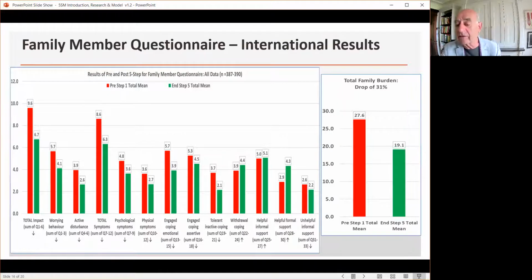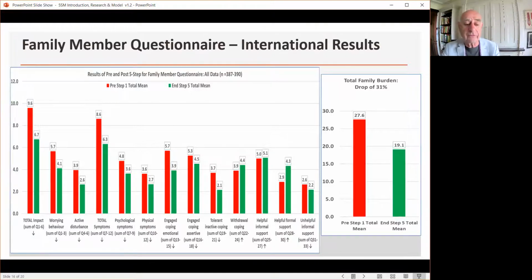On the right, you can see that there's a very significant drop, and I should say that almost all the figures here are statistically significantly different. But on the right, you can see there's a significant drop in the amount of burden that family members show.